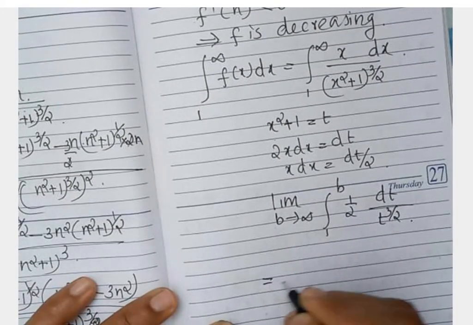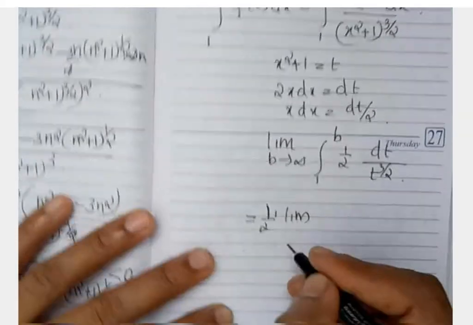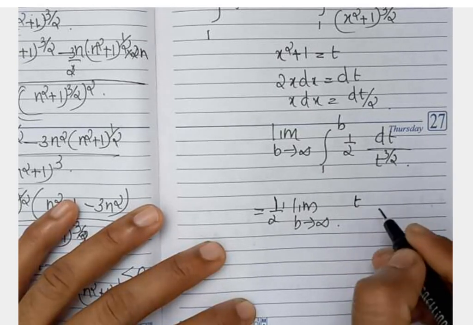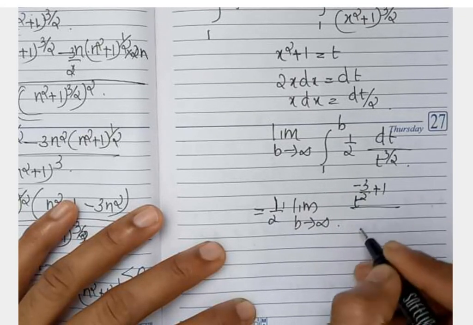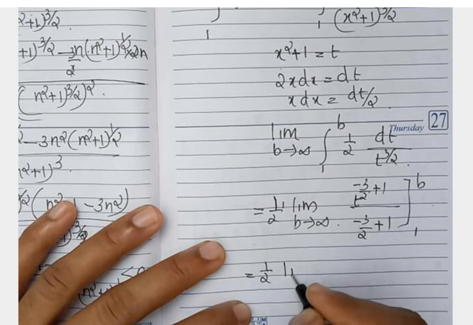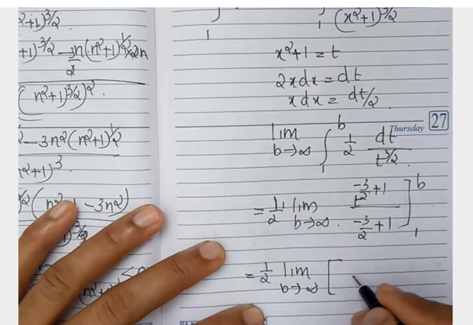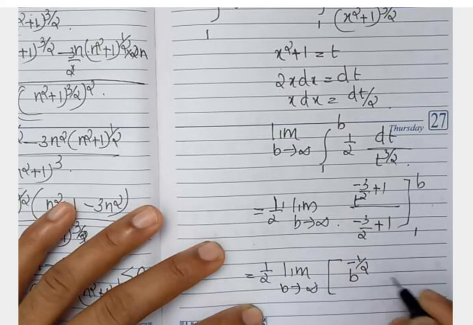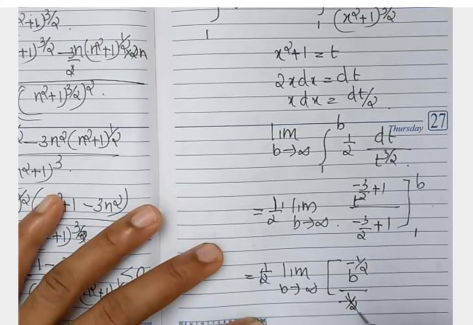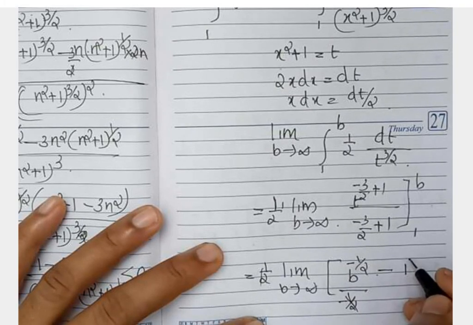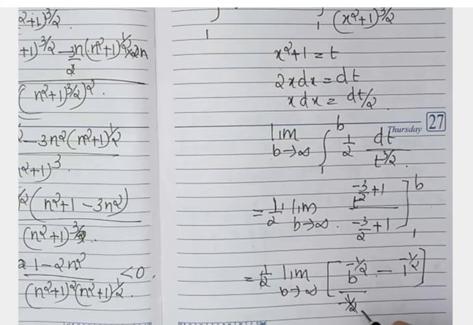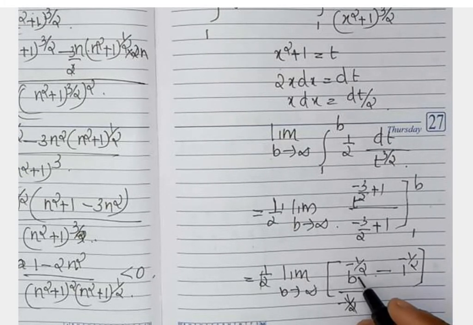This is 1/2 into the limit as b tends to infinity of t^(-3/2+1) divided by (-3/2+1), from 1 to b, which is 1/2 into the limit of b^(-1/2) divided by -1/2. The 1/2 gets cancelled, giving minus 1 raised to minus 1/2.